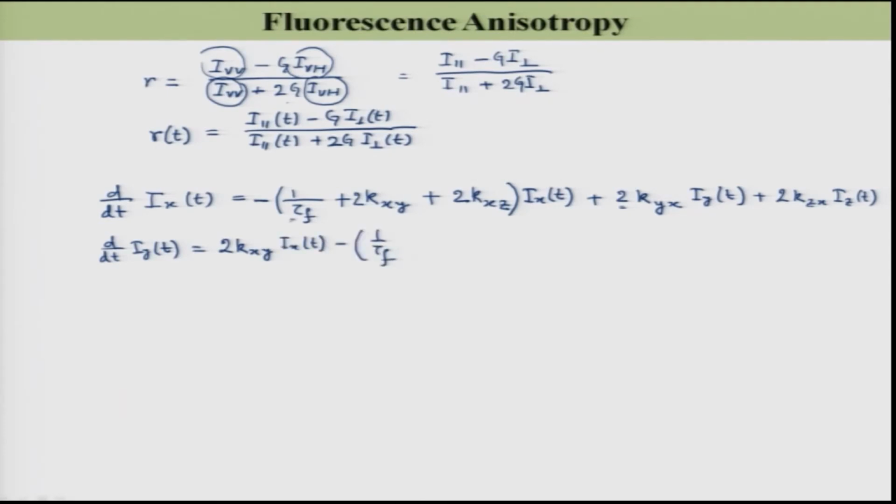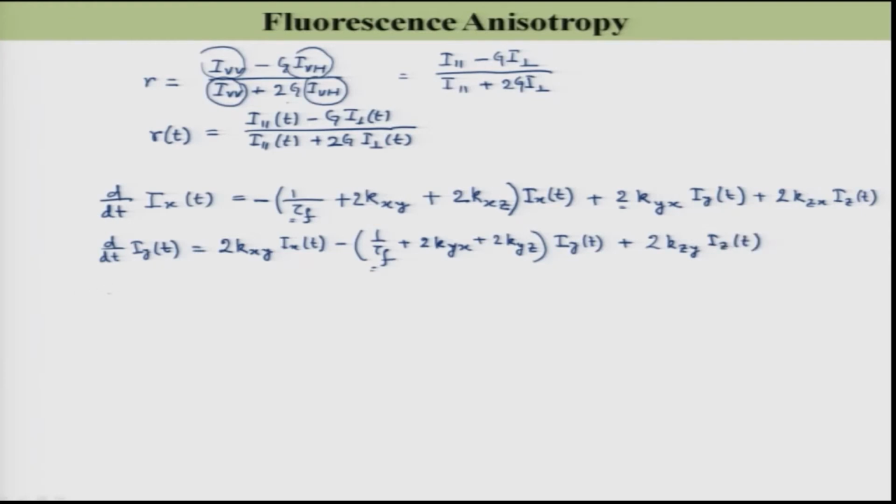Here, this tau f and that tau f have to be the same because they are the same molecule. Plus 2 k y x, this is from y to x, plus 2 k y z, this is from y to z, I y t, plus 2 k z to y I z t.